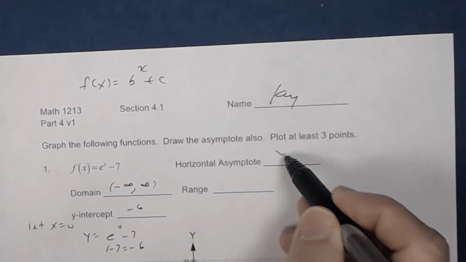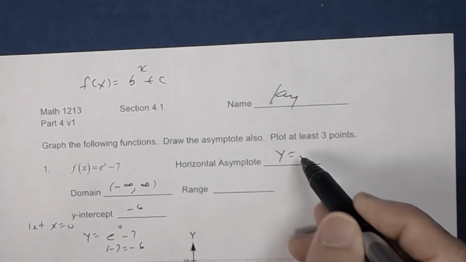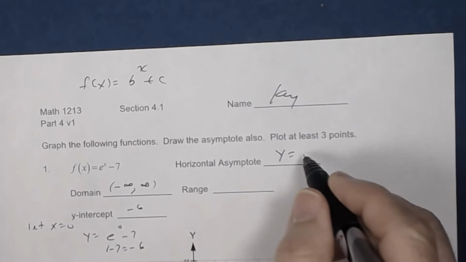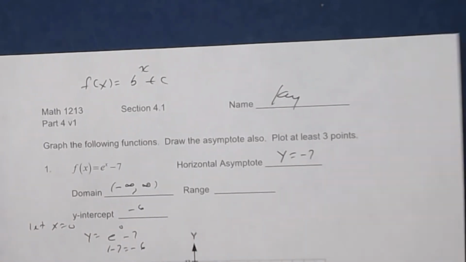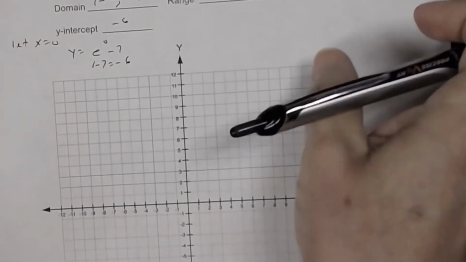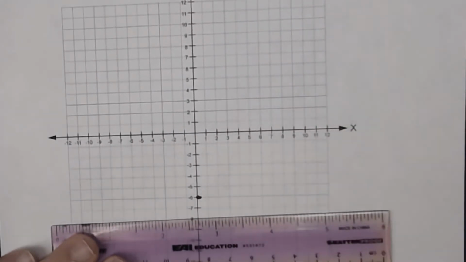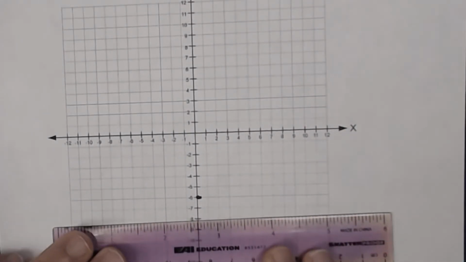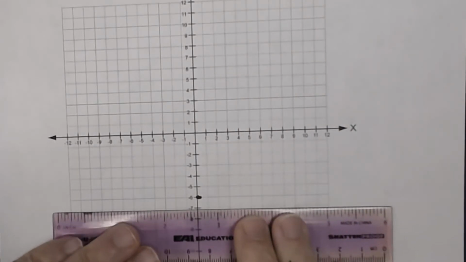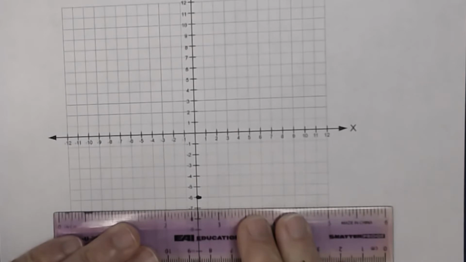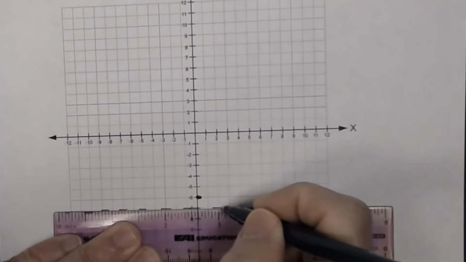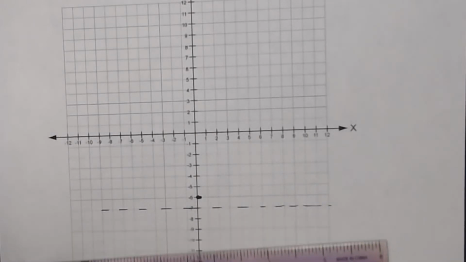So you must say y equals that constant, which in this case is negative 7. So at this point, we're going to graph the horizontal asymptote, y equals negative 7. So let's go ahead and denote that using a dotted line. Okay, just like this. All right.